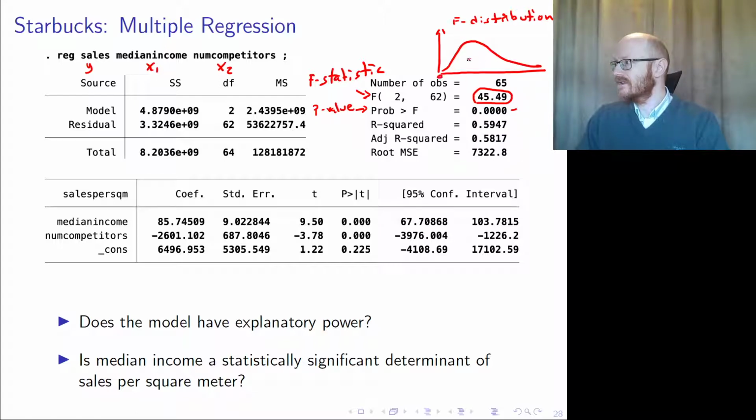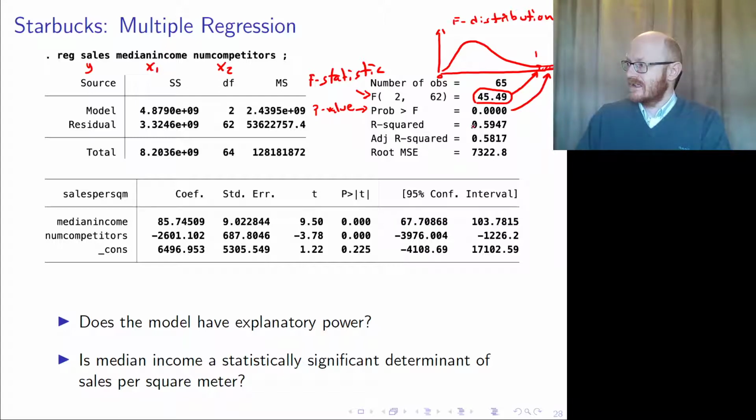It's always positive, and what we have here is the probability of getting a more extreme result by chance, and the probability of getting a more extreme result by chance is virtually zero.